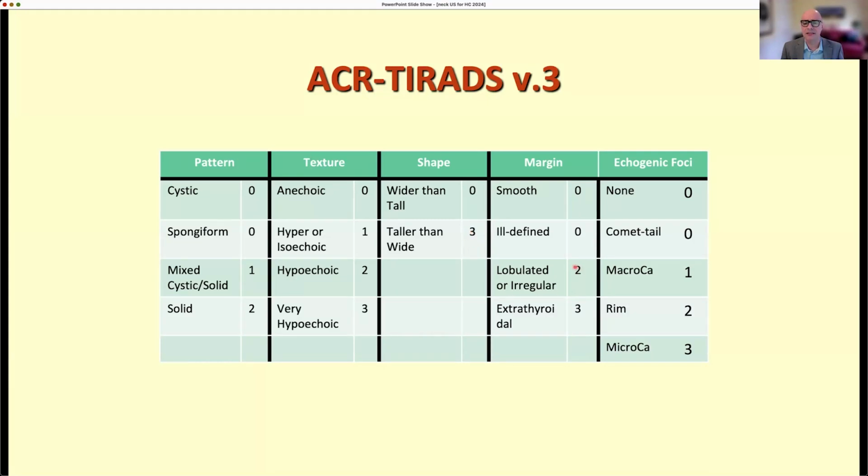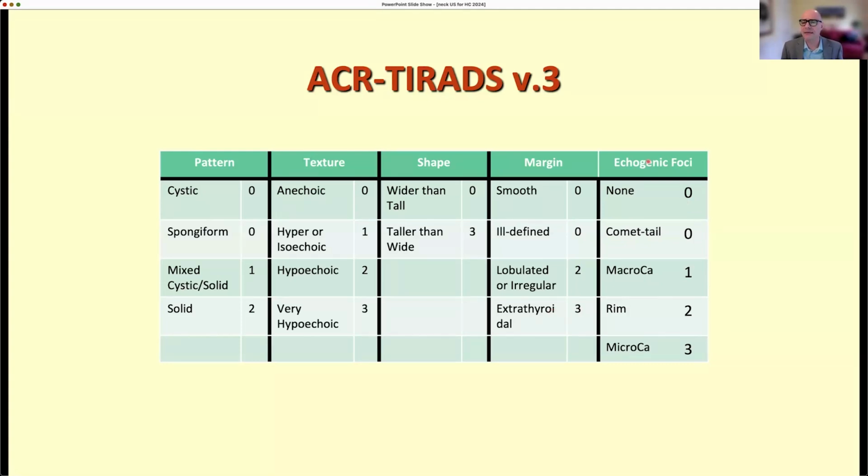And then ill-defined margin, which is what I showed you before with the thyroiditis, has 0 points, as I explained to you. While lobulated or irregular margin, as I showed you before, does mean a risk of malignancy. And then if there is extrathyroidal extension, they look at where the nodule is pushing towards.